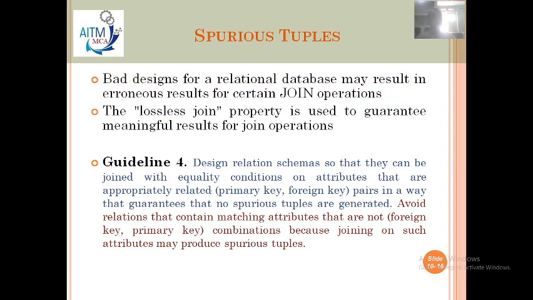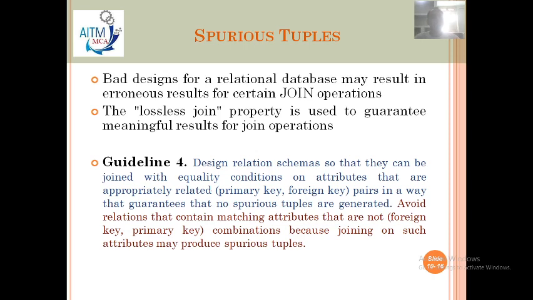I'll finish it off. Spurious tuples. Bad design for a relational database may result in erroneous results for certain join operations. As I discussed, there are different types of join: natural join, outer join, inner join.